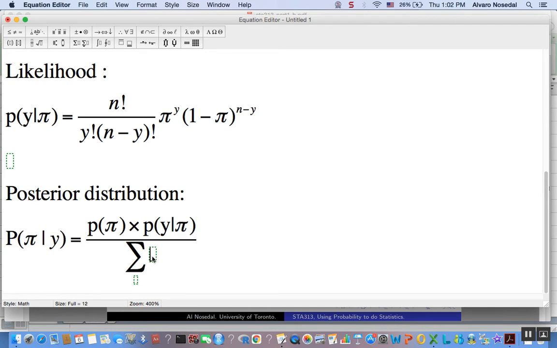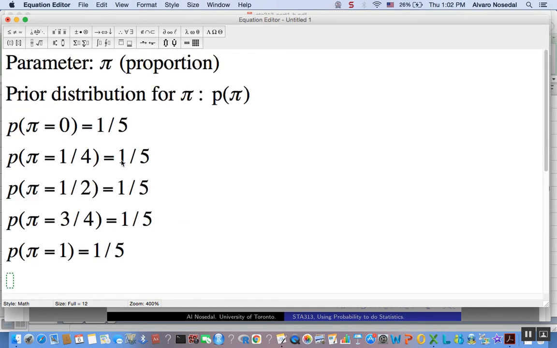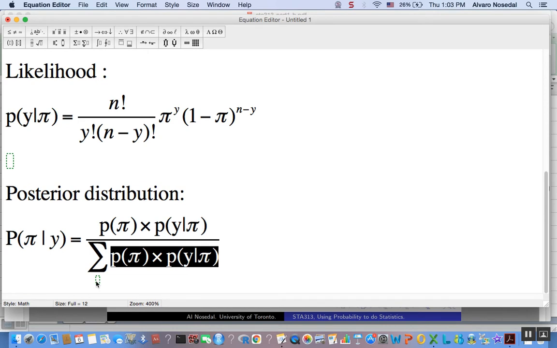So in this case we have 5 values: 0, 25%, 50%, 75%, 100%. So for all values of pi.